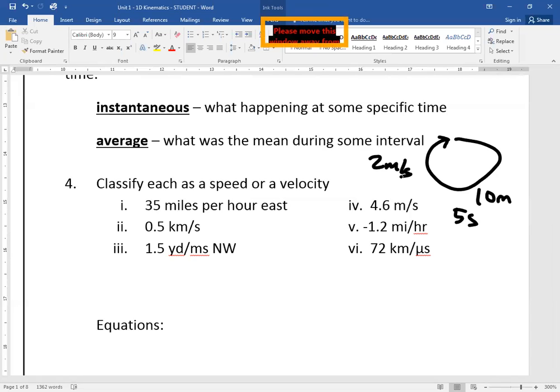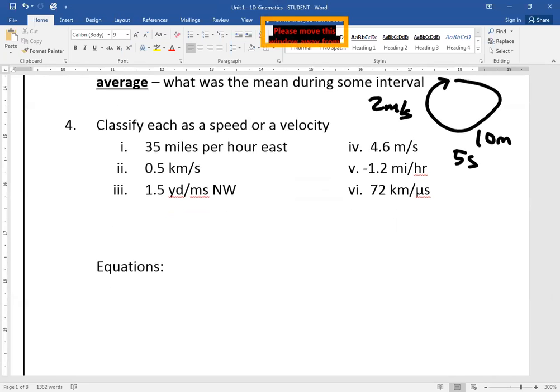That means that on average, I need to go 2 meters every second. On average. I don't have to do that every second. I might, it's possible, but I don't have to. So it's an average speed.